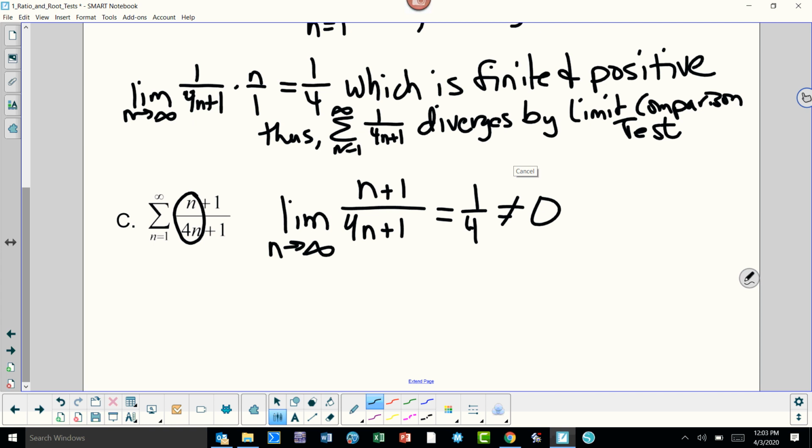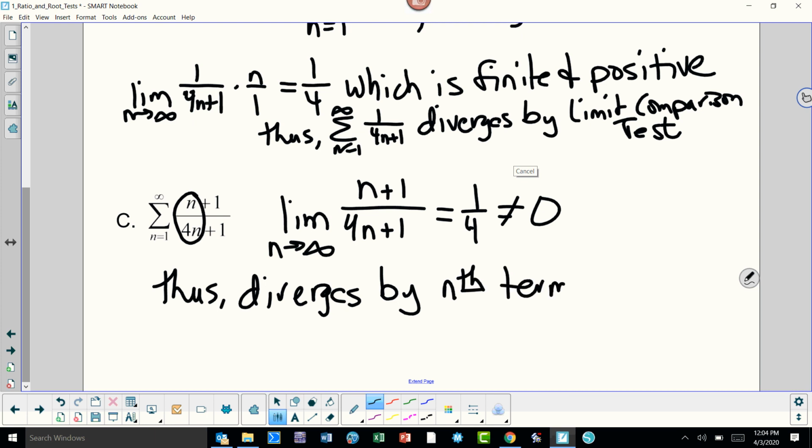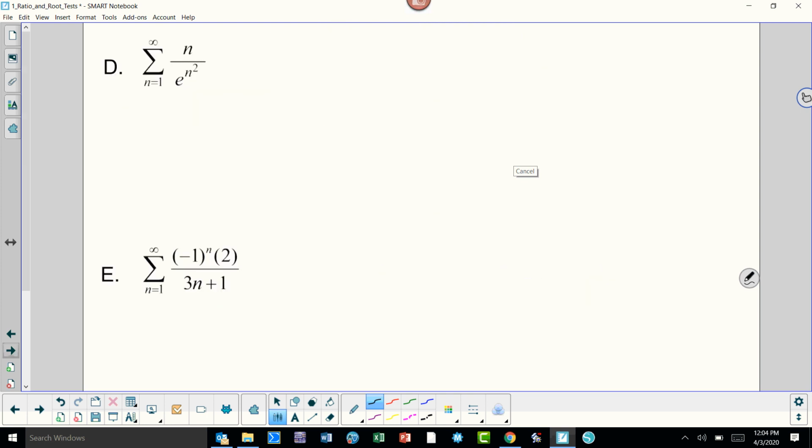Because it's got to be 0 to have any chance to converge. Thus, diverges by nth term divergence test. Okay. All right, let's go to the next one.